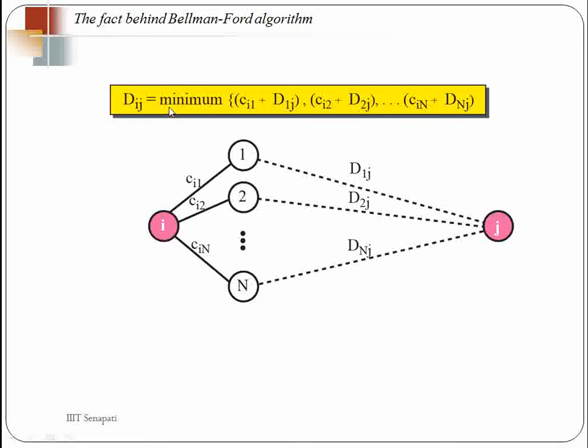So we are writing here distance from I to j will be the minimum of Ci1 plus D1j, Ci2 plus D2j, or Cin plus Dnj. Whichever among these will give us the minimum value, we will take that particular distance or path.